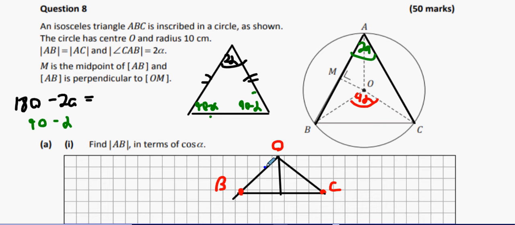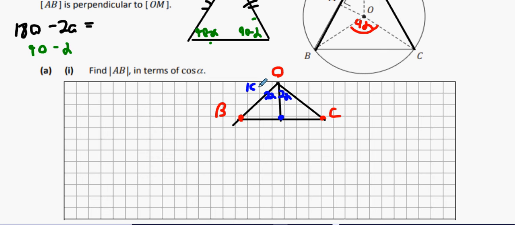That's 2 alpha and that's 2 alpha. So the two of them are the same. And then what I can do is I'm going to find out half of BC using right angled formulas. Now I know that that's 10, and I'm after this, for argument's sake, I'm going to call it y. Sine 2a, so sine is opposite over hypotenuse.